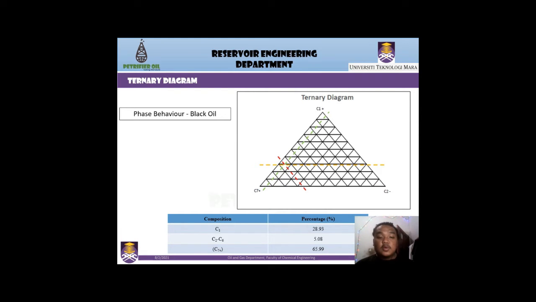The composition of light hydrocarbon C1 and N2, medium hydrocarbon C2 to C6 and carbon dioxide, and the heavy hydrocarbon C7 plus is at 28.92%, 5.08%, and 95.99% respectively. Based on the ternary diagram, the phase behavior for this reservoir is black oil.